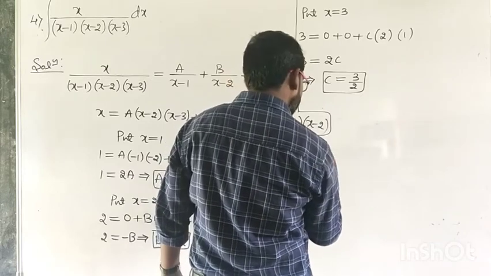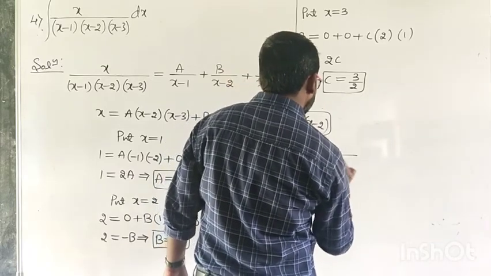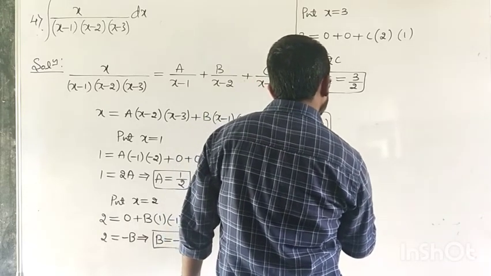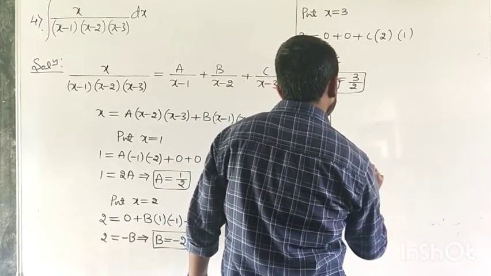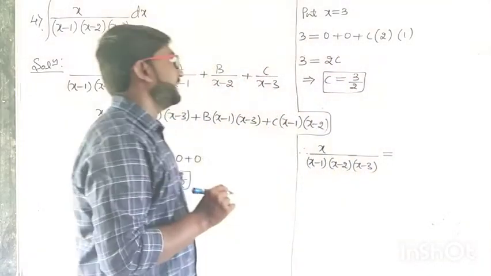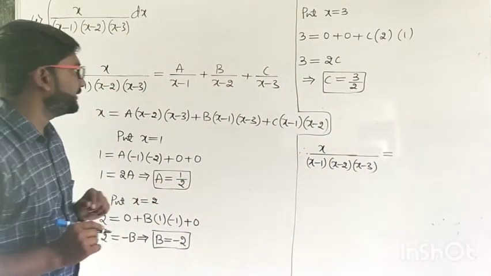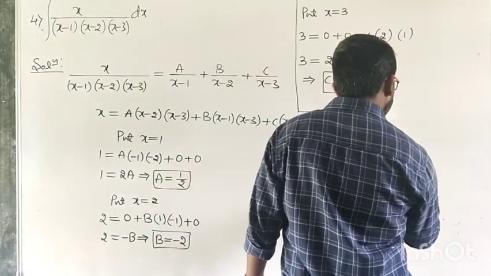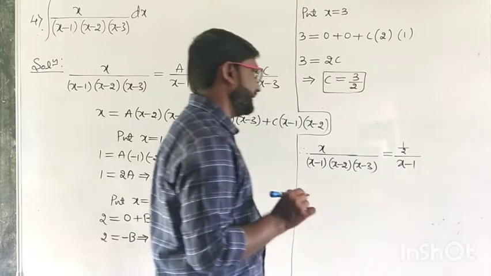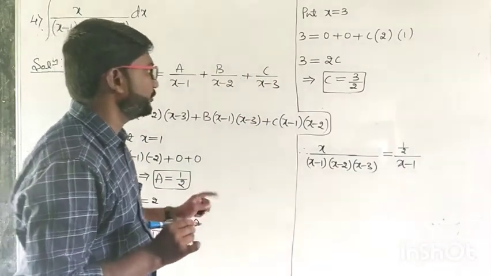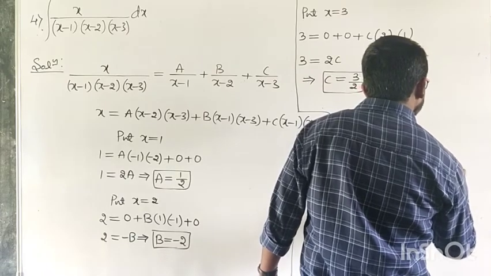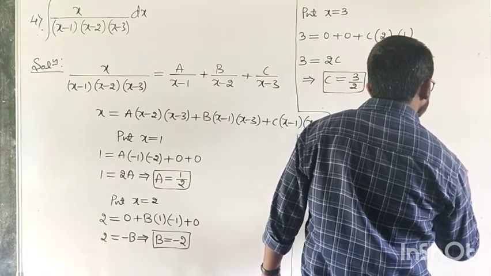Therefore x divided by (x minus 1)(x minus 2)(x minus 3) equals a... What is a? It is 1 by 2. So 1 by 2 divided by x minus 1. Then b is minus 2, so minus 2 divided by x minus 2.